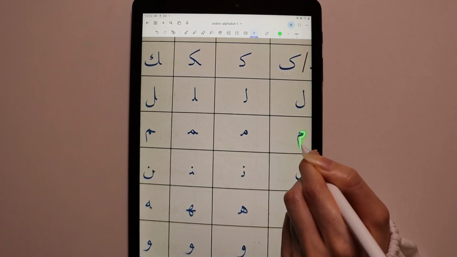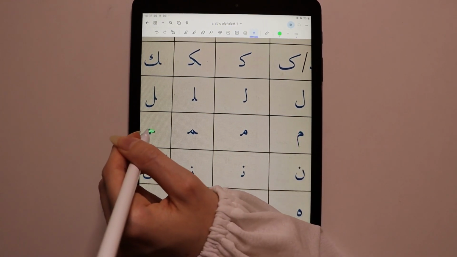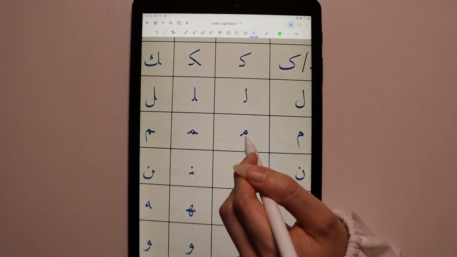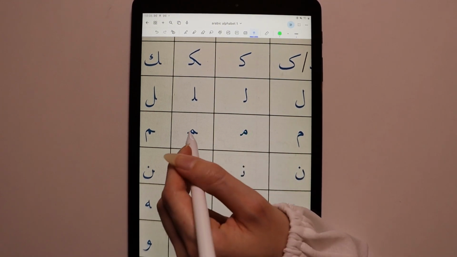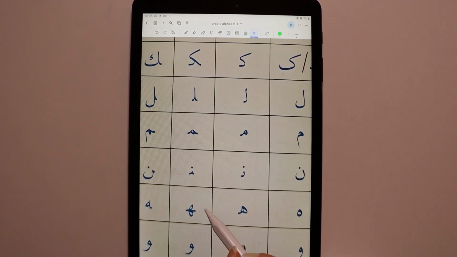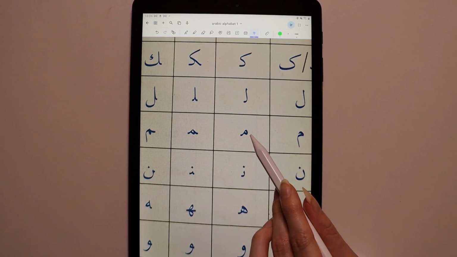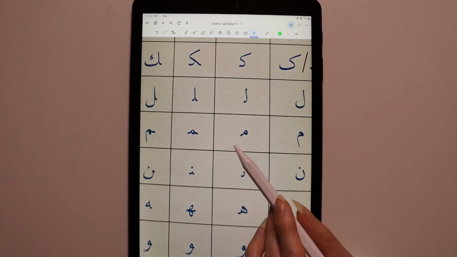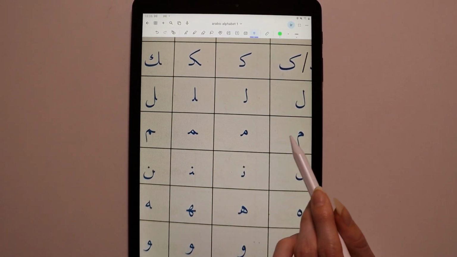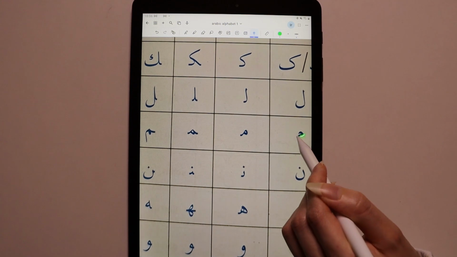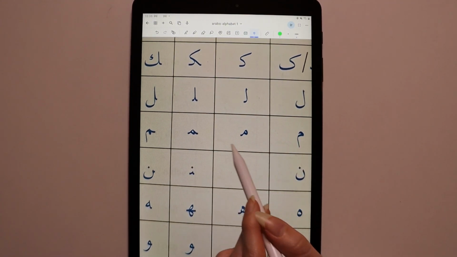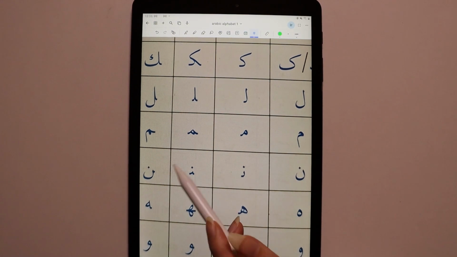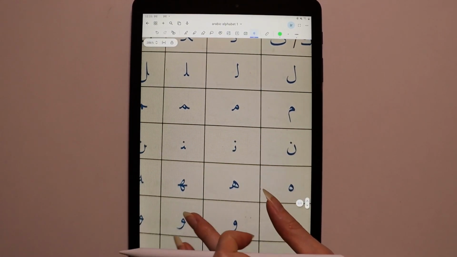Here it's open a bit, and here it's closed, and then the beginning form is just like a circle, and then it's connected, and then in the middle again. So again, this is another letter that you maybe need to learn a bit longer, because it's just a circle. You don't really see this long line going downwards, but after a while you really get used to this. The meem is an M sound.